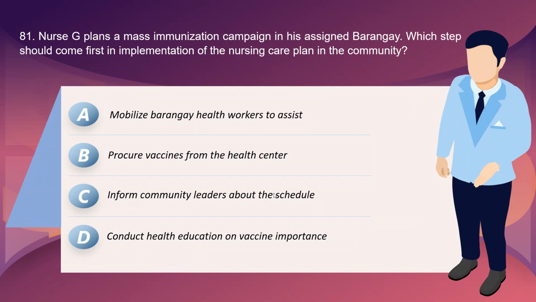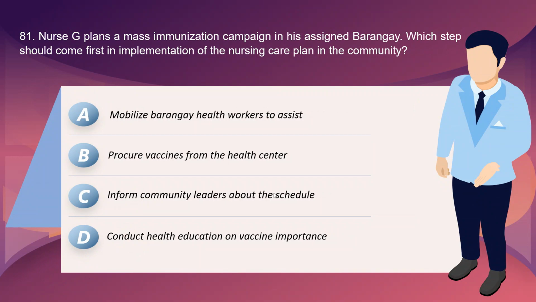Of course, it is very important. The question is which step should come first in implementation of the nursing care plan in the community. If you're talking about implementation, that requires community participation and leadership involvement, ensuring buy-in before mobilization and resource allocation. The best answer is letter C, inform the community leaders about the schedule.